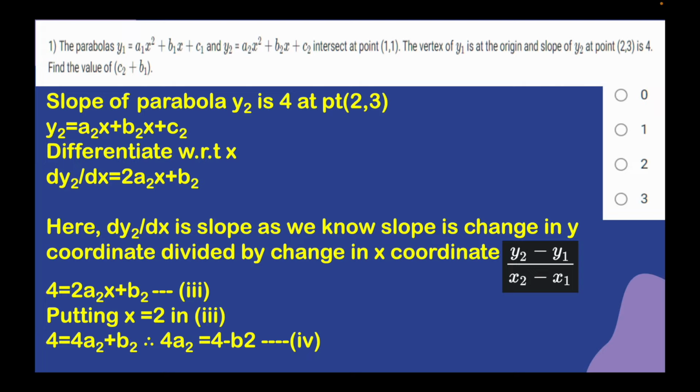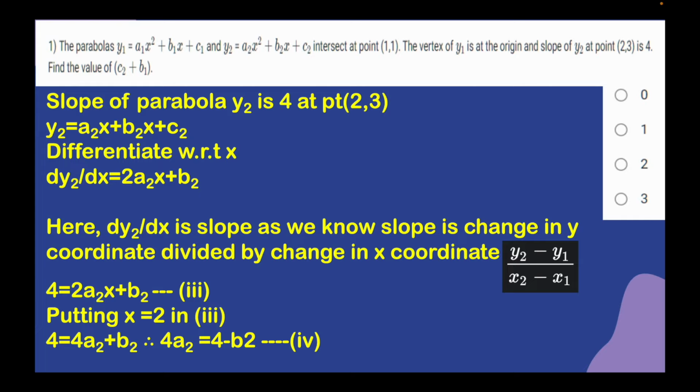Now, the slope of parabola y2 is 4 at point (2, 3), which is already given in the question. We have to differentiate the equation of y2 with respect to x, and we get dy2 by dx equals 2a2x plus b2. You may ask why I differentiated.